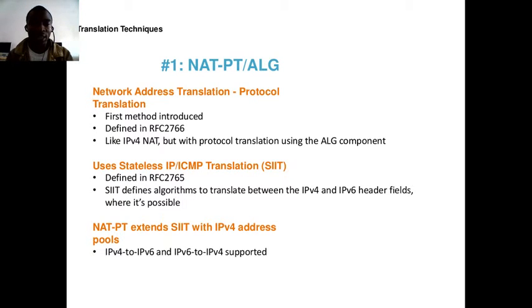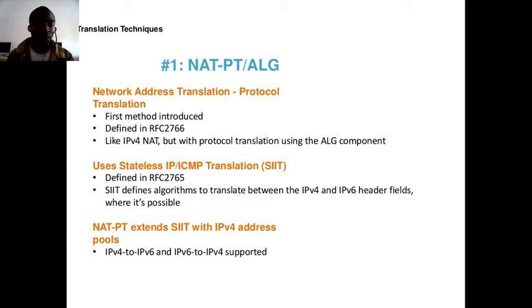The ALG is actually an integral part of NAT-PT, of the technology itself, which means that this technology is not only responsible for translating addresses, but it also translates protocols. So it goes beyond translating addresses to translating protocols.